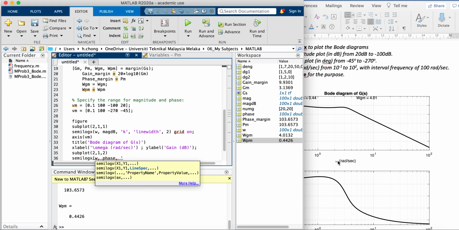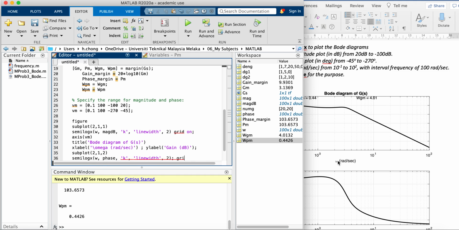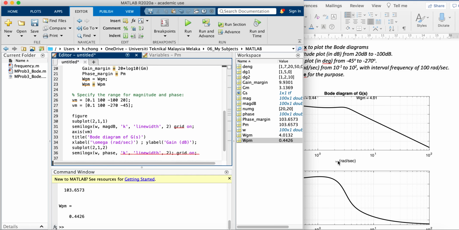The figure is in black color as well, so I use K again, though you can change the color if you want. Line width is the same, I use 2. I also want the grid on. The x label is the same, so I copy and paste, and what I changed here is the phase in degrees.